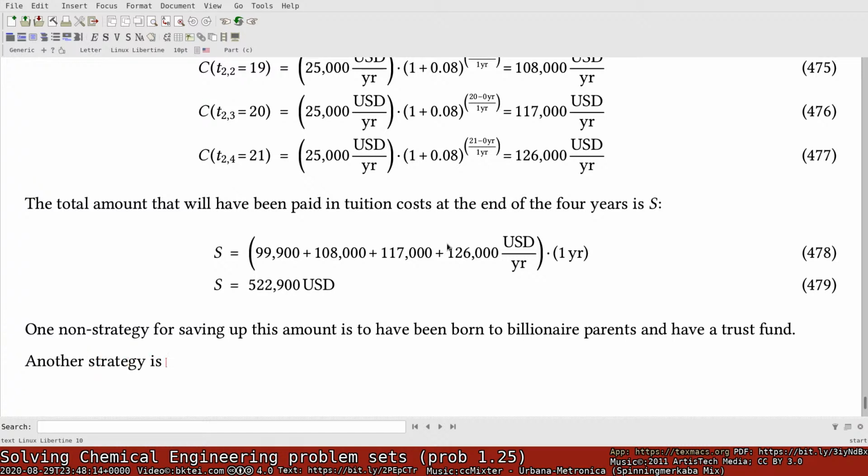Another strategy is to reduce the rate at which tuition costs increase.